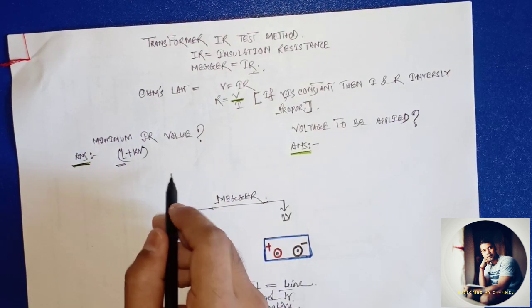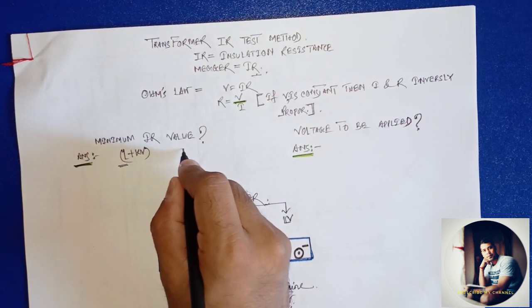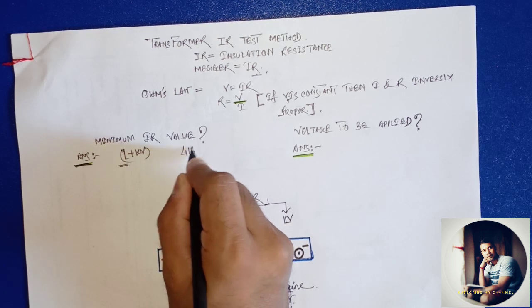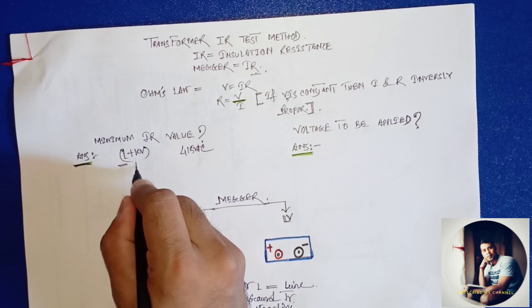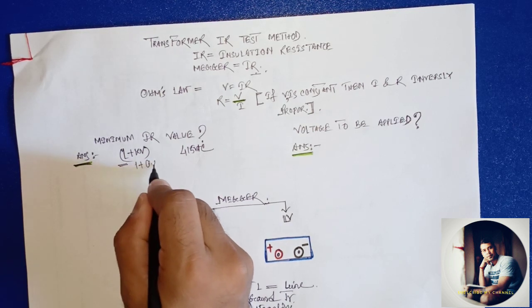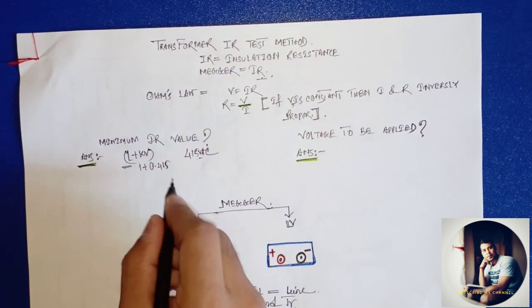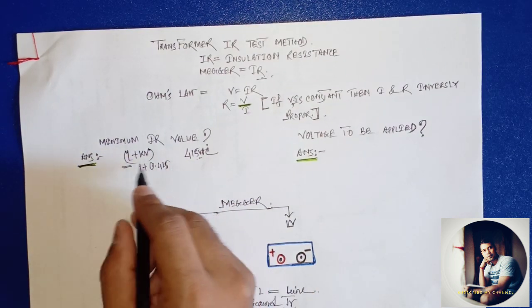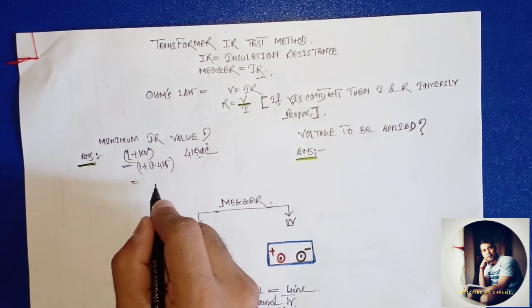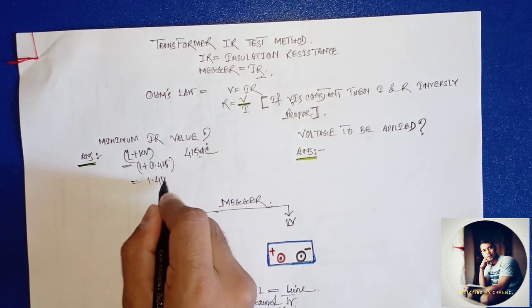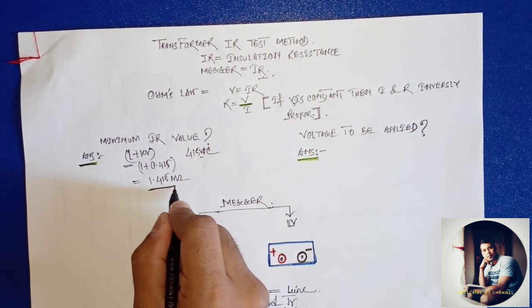For example, if you are working on a system of 415 volt AC, then the minimum IR value is 0.415, because I have just divided by 1000 to get the kilovolt value. So the result is 1.415 mega ohm. That should be the minimum value.